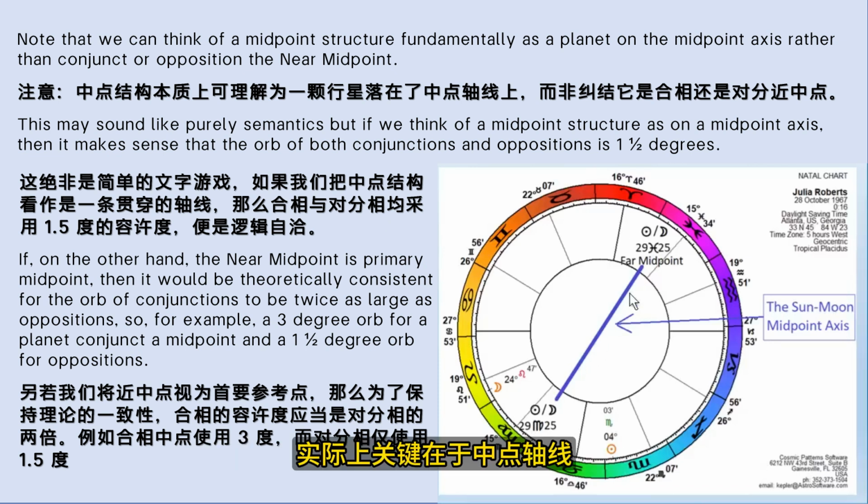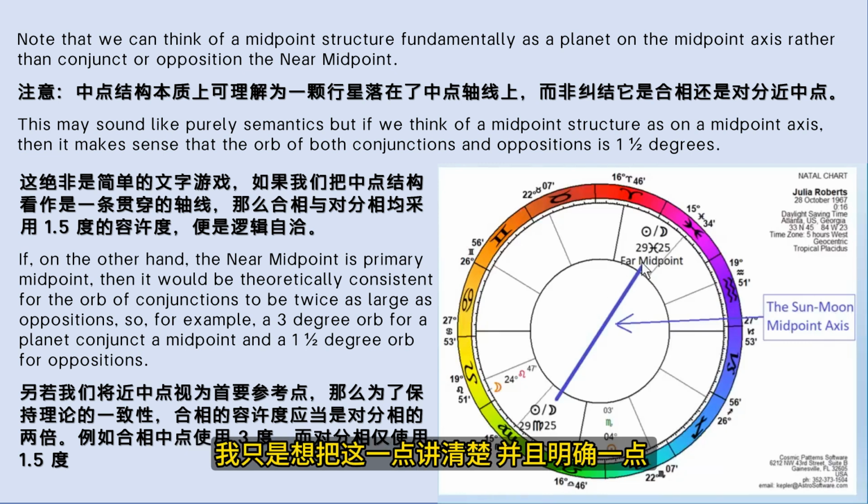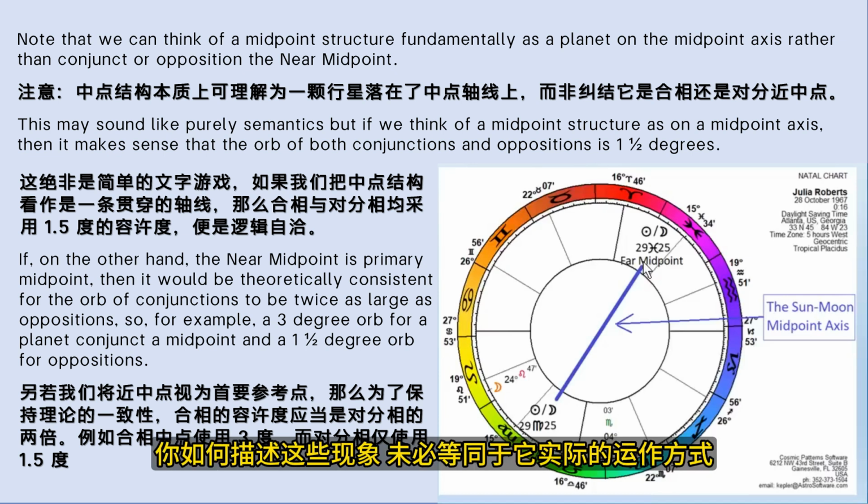So it's really a midpoint axis, it's really a line of symmetry, and it's the distance from the line of symmetry that's important. Okay, so I just want to make that clear, and to make it clear that how you express these things is not always reflecting how things work.